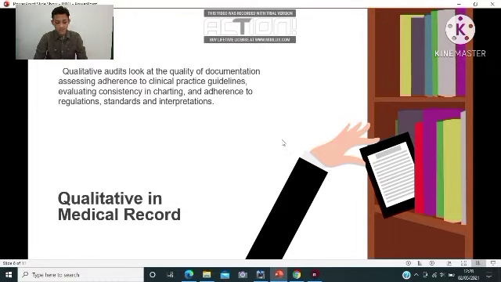Qualitative methods for collecting data include interviews, observation, and analysis of a patient's documents.